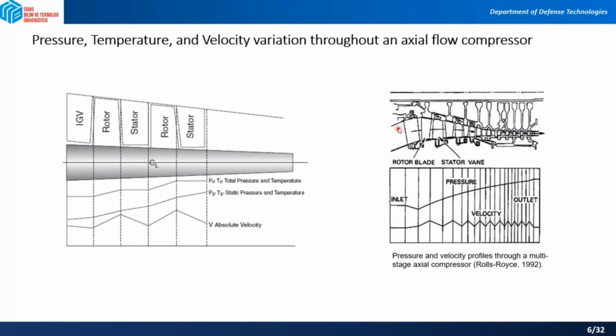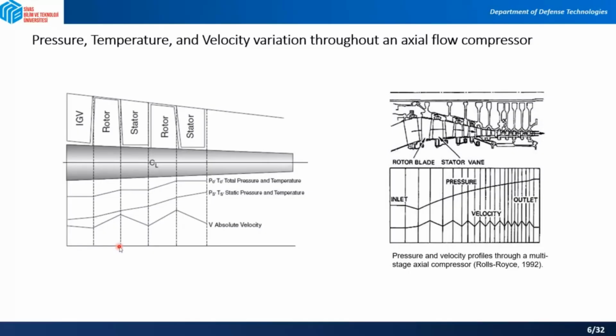So as you can see, while passing, you can see the difference of pressure. Pressure is gradually increasing, and the velocity is increasing and decreasing. So the velocity is not changing too much, but it is changing. So you shouldn't just neglect the velocity changes.